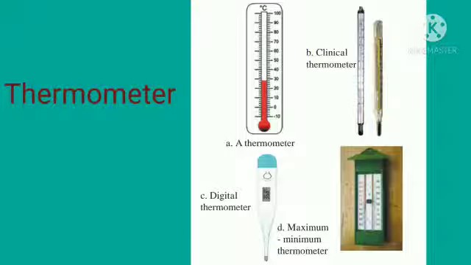Now we will see figure B. You can also see the clinical thermometer. As the body temperature of a healthy person is 37 degrees Celsius, clinical thermometers are designed to measure temperatures between 35 degrees Celsius to 42 degrees Celsius.